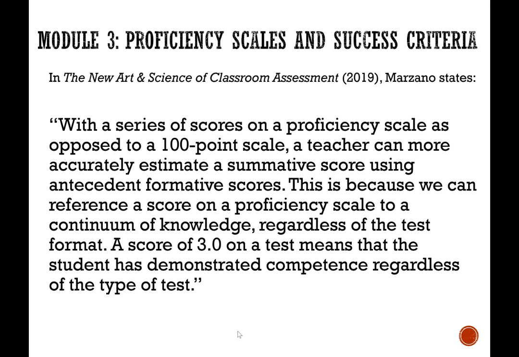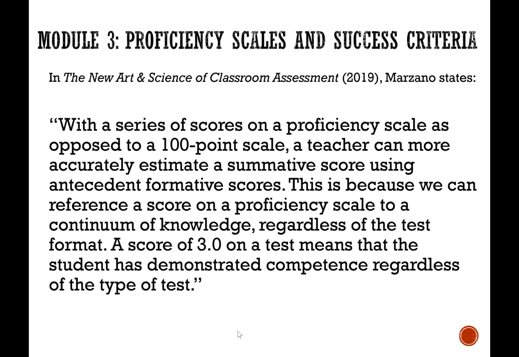In the new Art and Science of Classroom Assessment, Marzano states, with a series of scores on a proficiency scale as opposed to a 100-point scale, a teacher can more accurately estimate a summative score using antecedent formative scores. This is because we can reference a score on a proficiency scale to a continuum of knowledge, regardless of the test format. A score of 3.0 on a test means that the student has demonstrated competence regardless of the type of test.